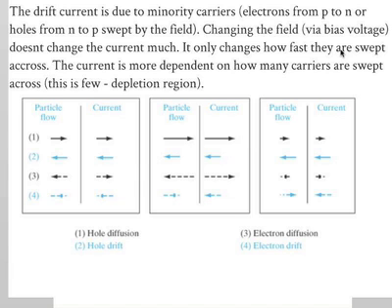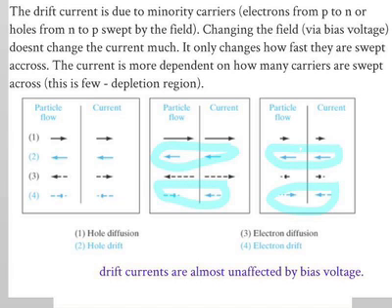That's the force. Something like this. So if you increase the field, of course, the current can increase a little bit. This is a small number. Okay? So the whole thing doesn't change very much. Same thing, of course, for electrons as well. So the drift currents are almost unaffected by the bias voltage.